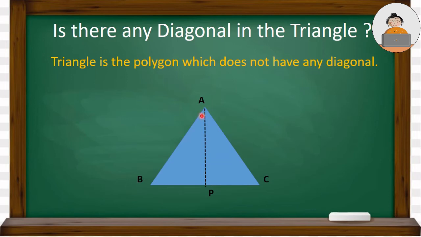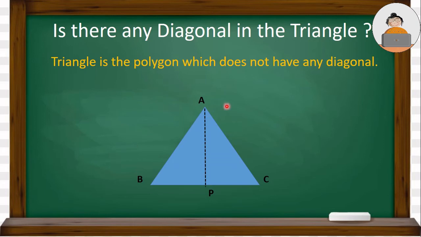As you can see in the figure, I have taken a triangle and named the vertices as A, B and C. First we are going to see whether the sides of the triangle are considered to be diagonals or not. But we have already learned about the diagonal, that it is the line segment that connects two non-adjacent vertices.